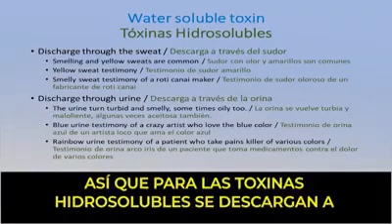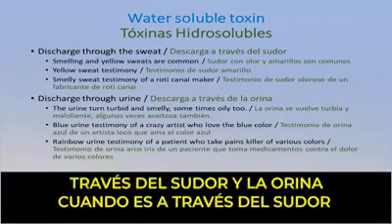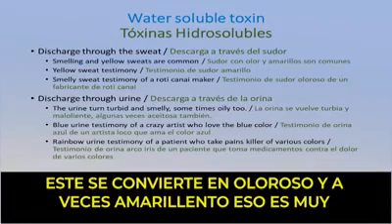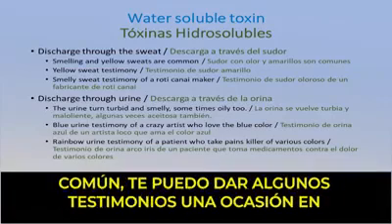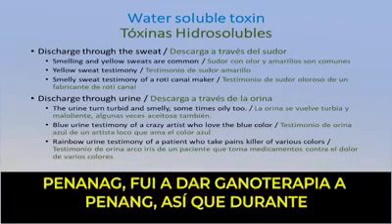So the water-soluble toxin is discharged through the sweat, and also through the urine. Through the sweat, sometimes the sweat becomes smelly, and sometimes becomes yellowish in color. That is quite common. So I can give you a few testimonies, the yellow sweat testimony. That time I went to Penang for ganotherapy.